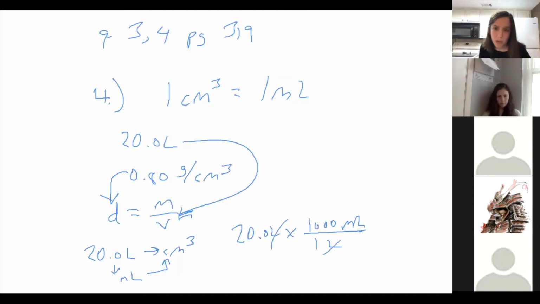So 20 times 1,000, and then convert, there's 1 cubic centimeter for 1 milliliter. So it's just a 1-to-1 conversion. So we get 20,000 cubic centimeters for the volume. So that would go in for V now.